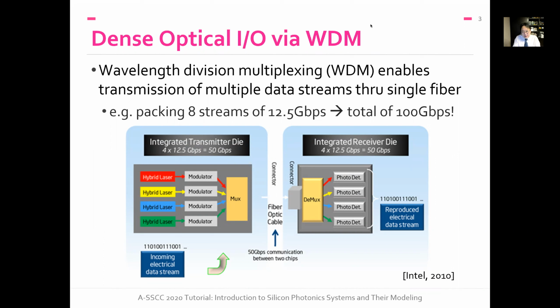Through this technique, if you pack 8 streams of 12.5 gigabit per second, you can achieve a total of 100 gigabit per second data bandwidth through a single fiber channel. That is extremely high density that you cannot achieve with any other solution, including the electrical links.